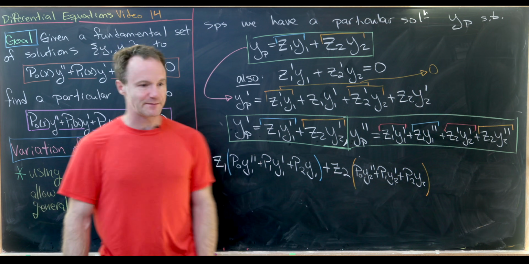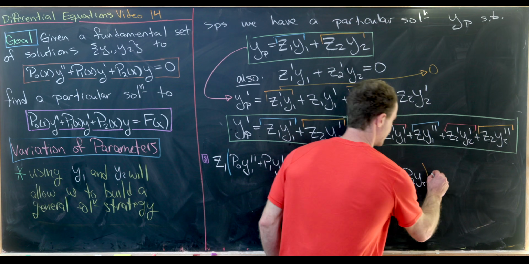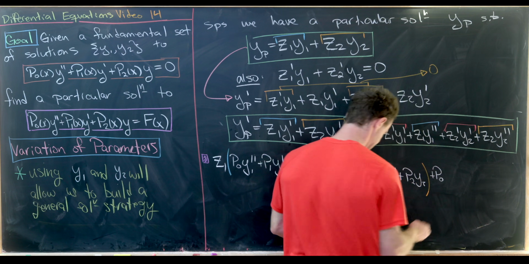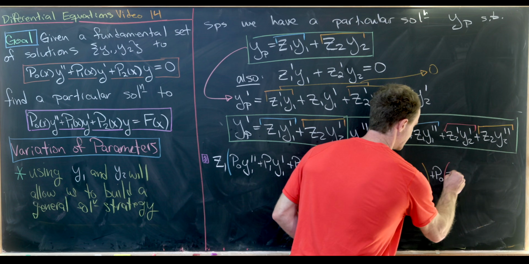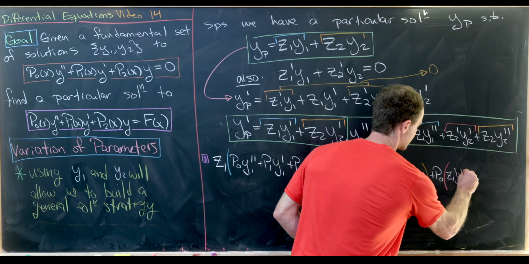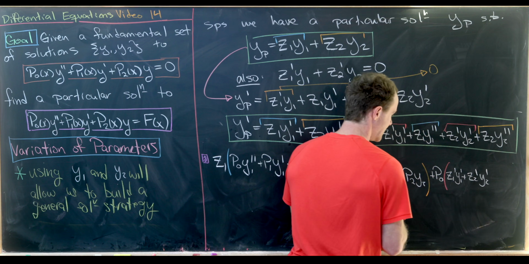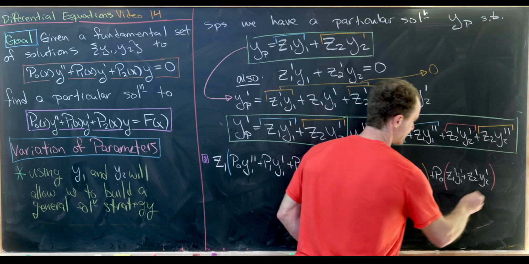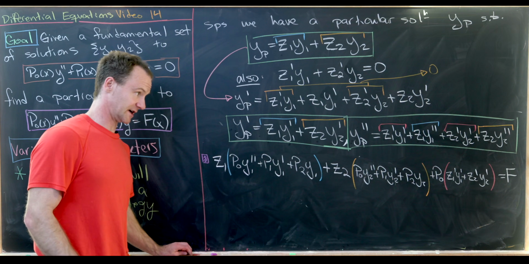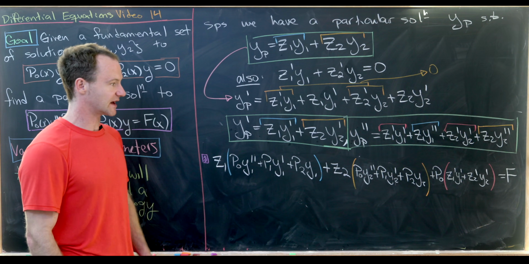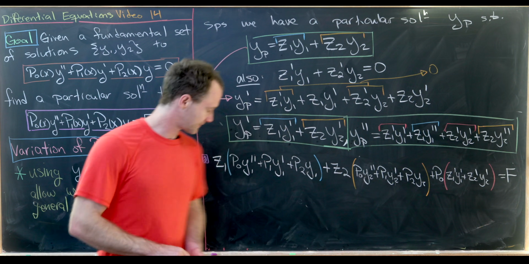But let's notice yp double prime is multiplied by p0. So I can put a plus p0 here and then use my red parentheses to have z1 prime y1 prime plus z2 prime y2 prime. And let's close those red parentheses and note that we've got an f over on the right-hand side. Again, because we've got a particular solution to our equation right here.